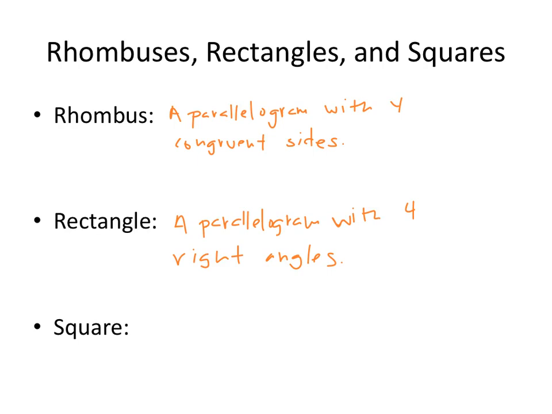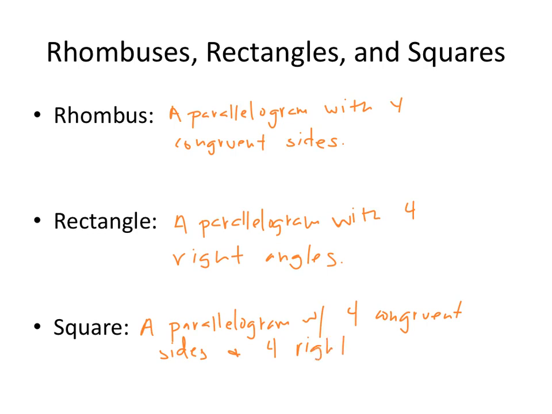All right. And lastly, a square is a parallelogram with four congruent sides and four right angles.